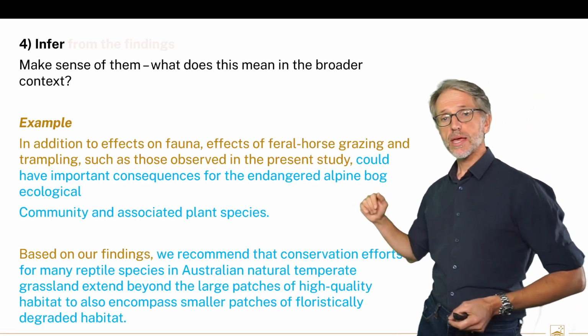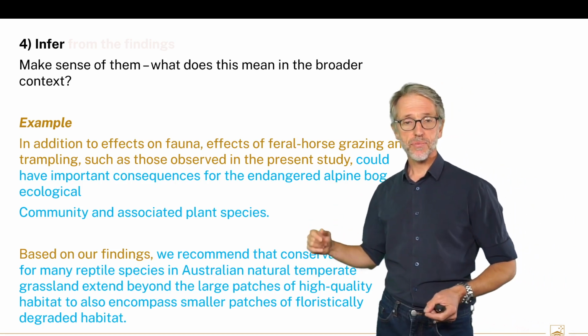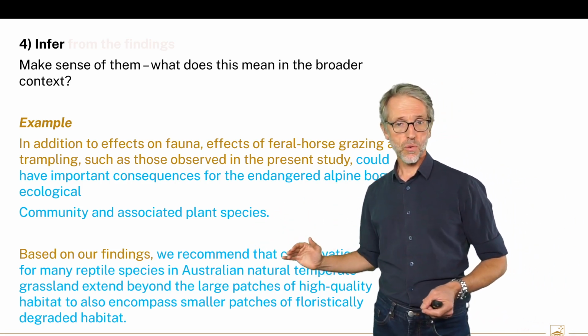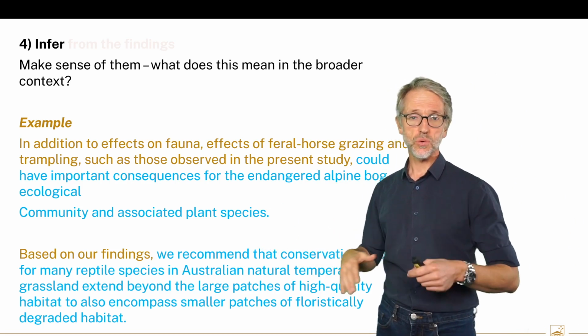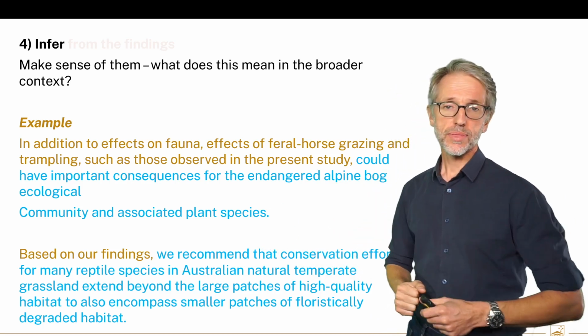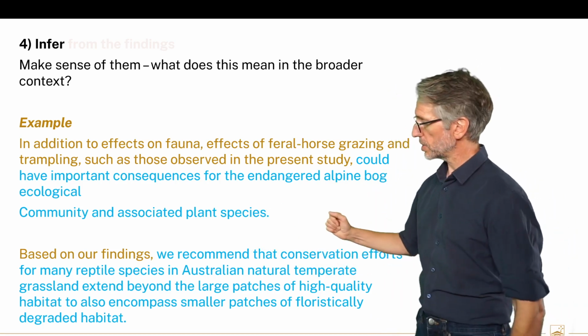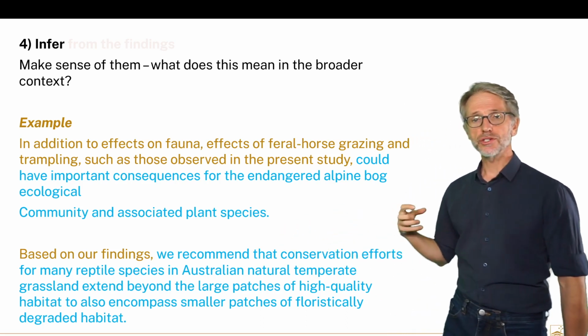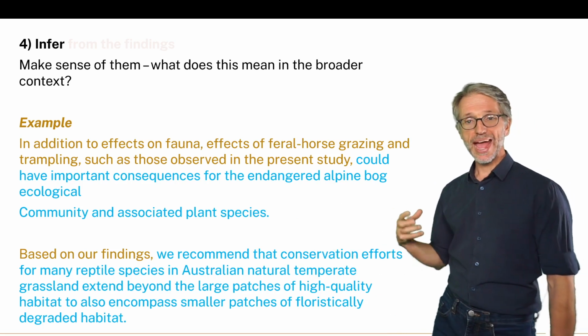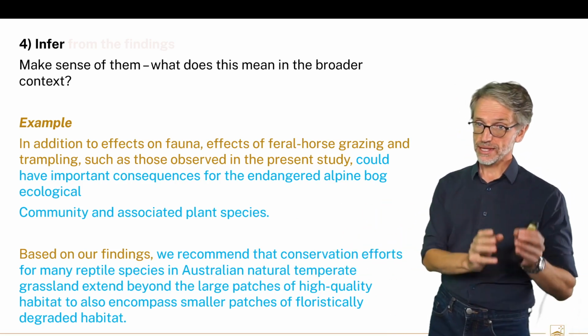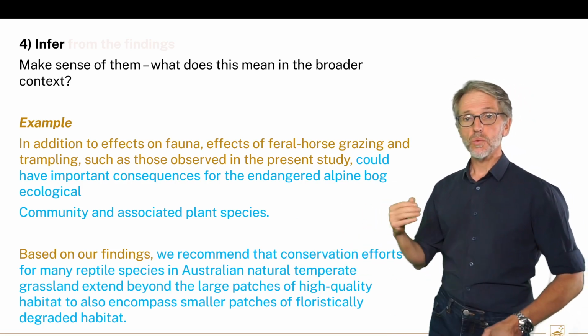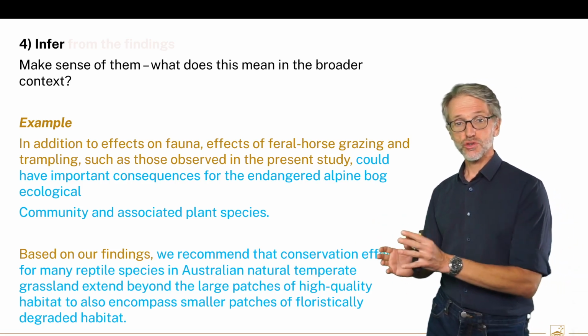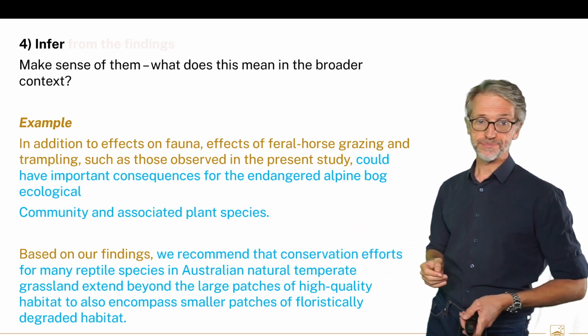Past that, in many instances, papers and authors seek to broaden their discussion by drawing from their results a direct implication and suggestion that, in light of our results, we suggest that this should or could be done.